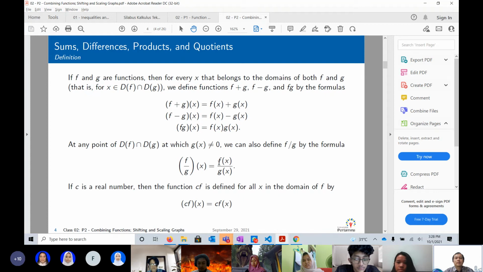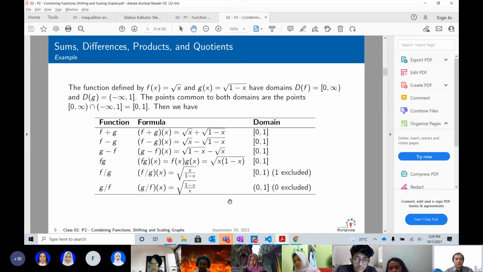So we add a condition that g of x cannot be 0. Then if g of x is not 0, we have this operation, basically the same as the one above. And if we multiply a function by some real number c, then we have this operation.